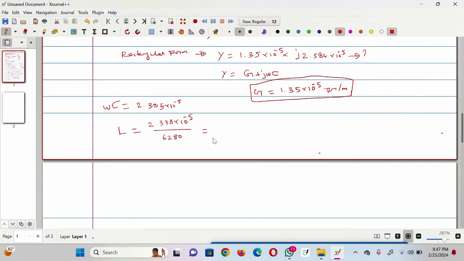Finally by applying this, we get the C value, 3.723 × 10 to the power of minus 9 farad per kilometer. So this is the value for capacitance.